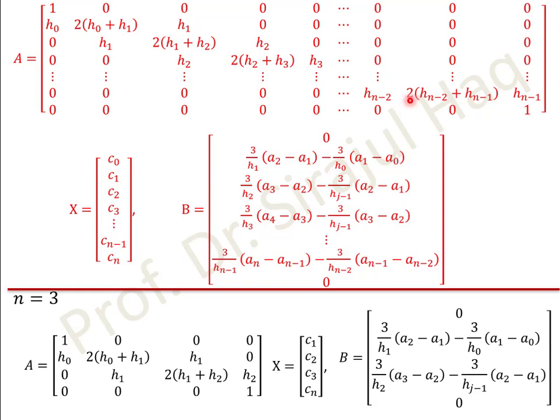This will be H2, H1 plus H2, which is there, and this will be H2. So H2, 2 into H2 plus H3 and H2, that will be your last row. And you can see that the last row is there. So it means that the first 3 rows will be coming from there. And you can see the first 3 rows over there. The last row.